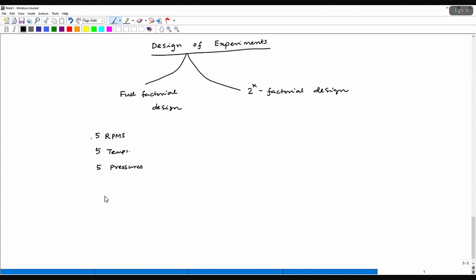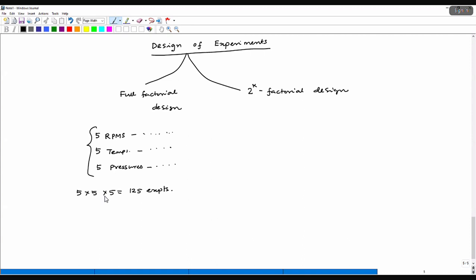So you'll have RPM 1, 2, 3, 4, 5, temperature 1, 2, 3, 4, 5, and pressure 1, 2, 3, 4, 5, right? So if you want to understand each value of each of these 3 parameters, the effect of each of these 5 values for each of these parameters, you would basically end up doing 5 cross 5 cross 5, 125 experiments.